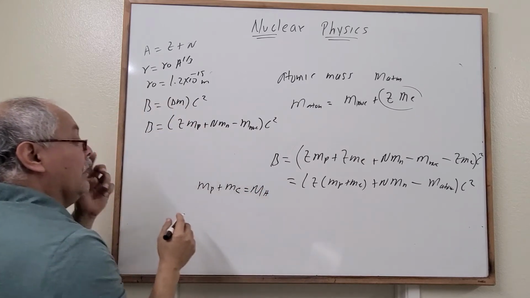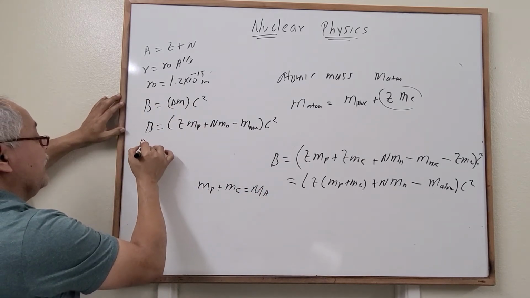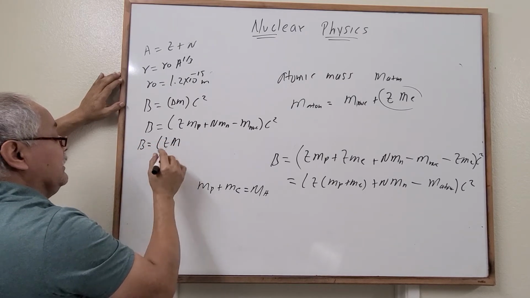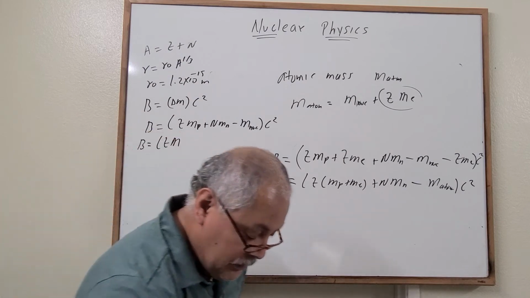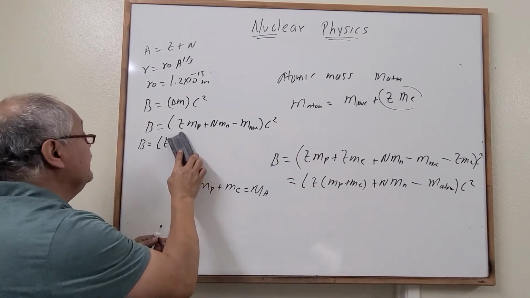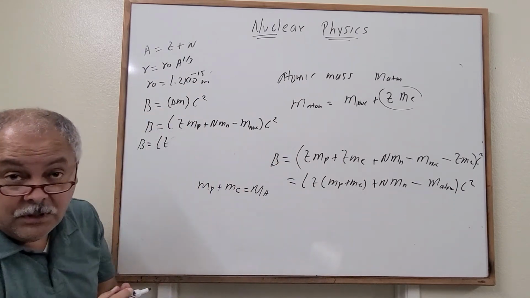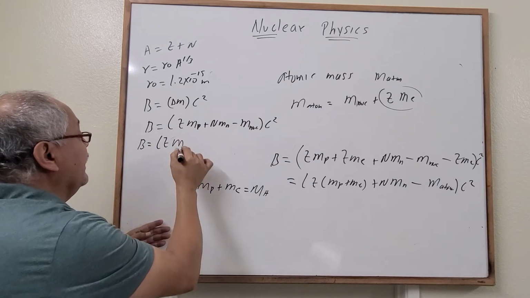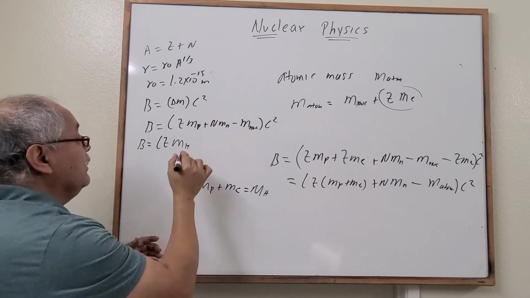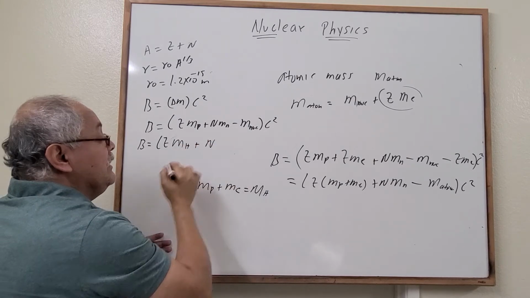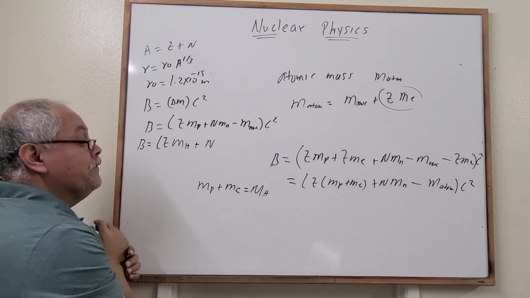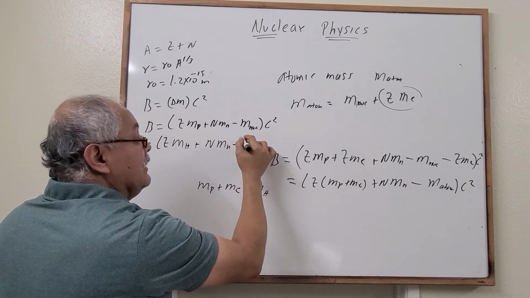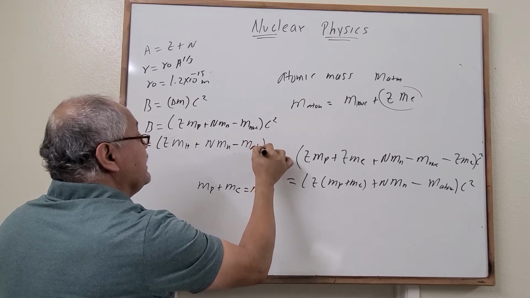From here, we have that the binding energy is equal to Z, the atomic number or number of protons in the nucleus, times the mass of the hydrogen atom, plus N, the number of neutrons, times the mass of the neutron, minus the mass of the atom, times c squared.